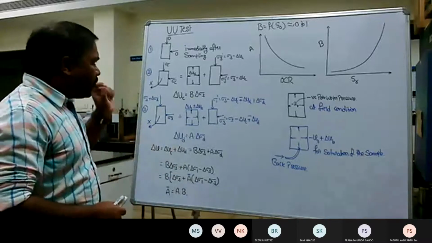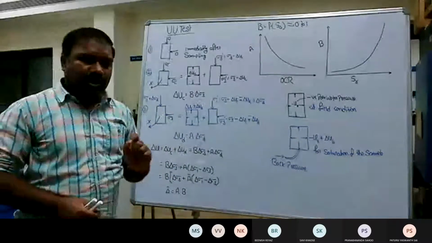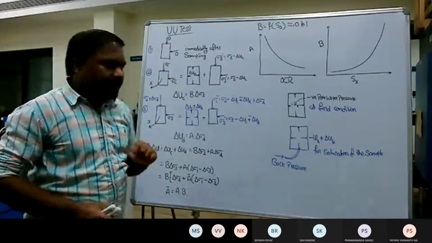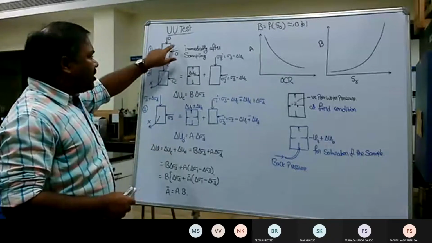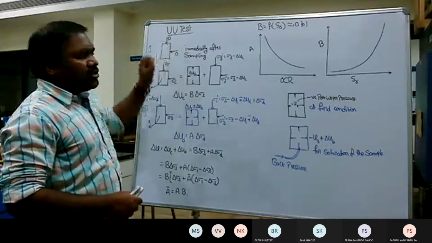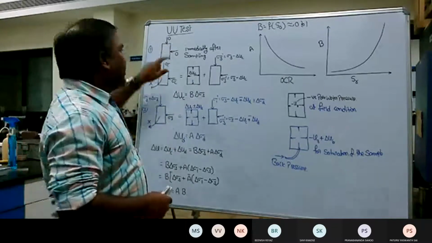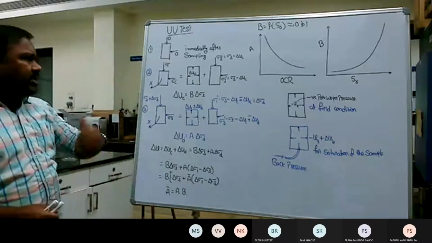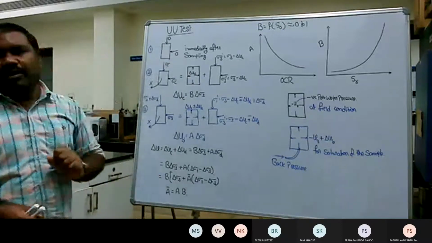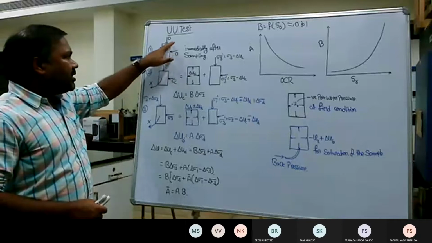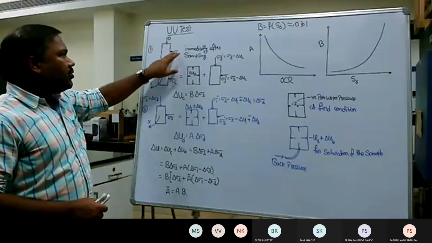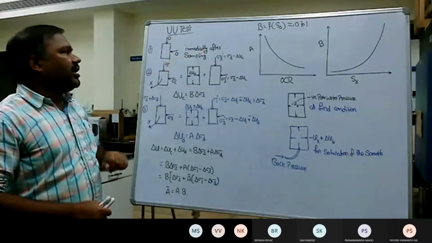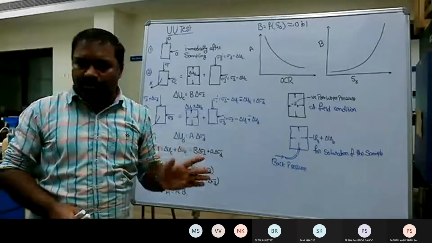However, when you extract the soil sample from the ground and bring it to the laboratory, if you draw the free body diagram of this sample on which the different stresses are acting, it can be identified like this. Since the sample is free of all the stresses acting under in situ condition, we can say that the axial stress is 0 and the lateral stress is 0. This condition is called immediately after sampling from the ground.